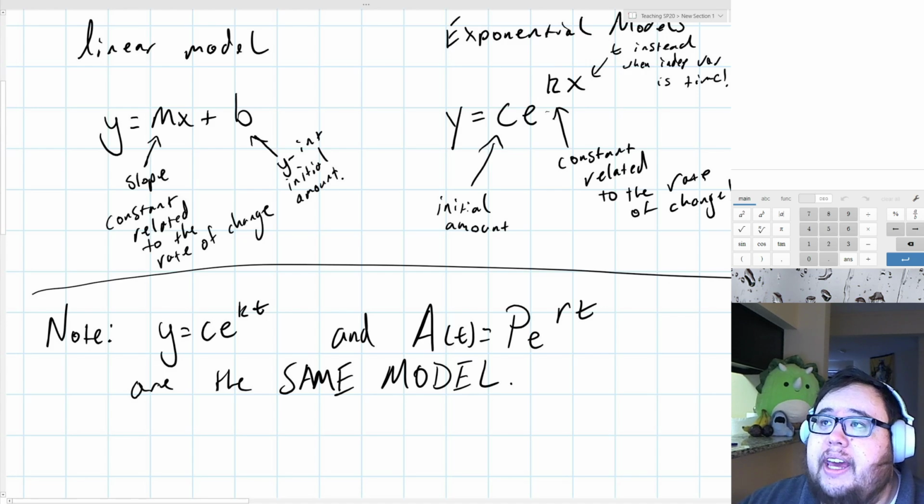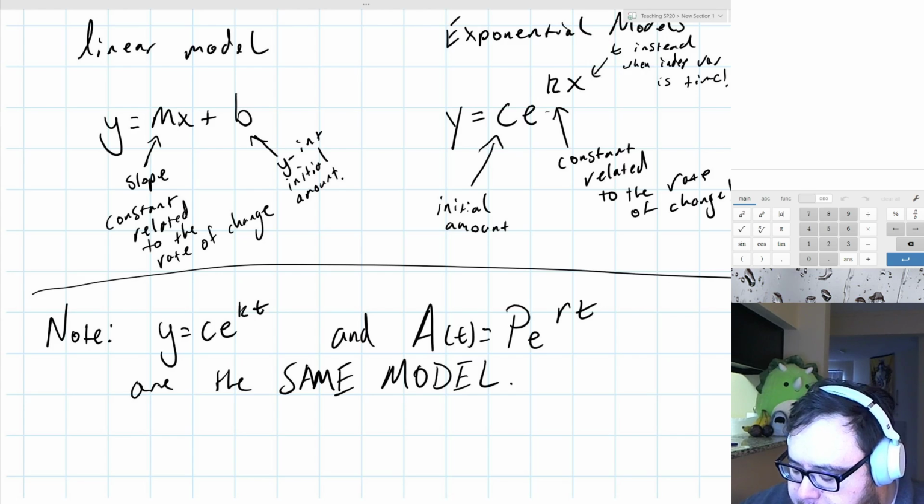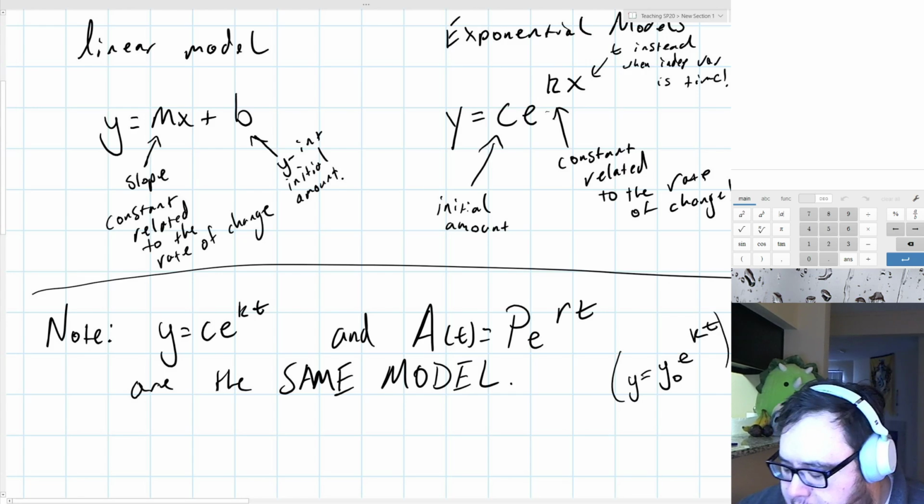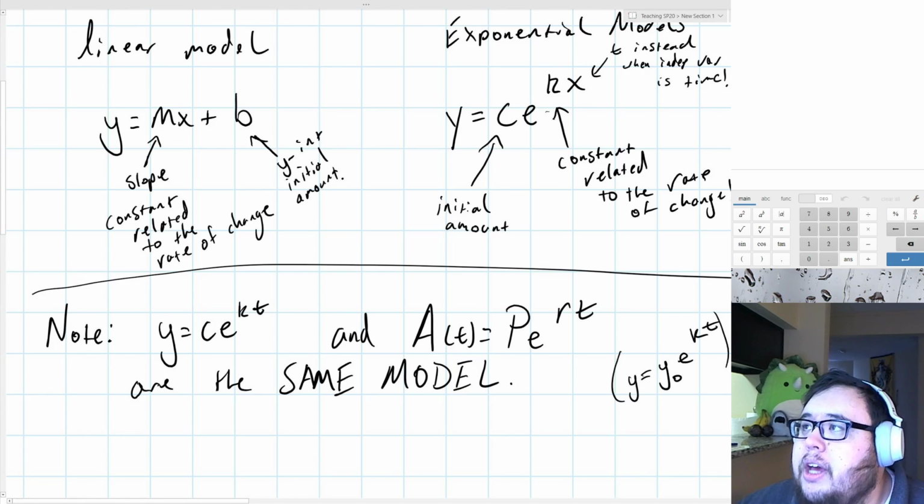Exponential growth and decay and continuously compounding interest are the exact same model. We just see them with different letters. In fact, going further than that, sometimes you even see y is equal to y naught e to the kt instead, just to confuse everyone even further. Whenever you have a variable with a zero below it, usually that means an initial quantity, so y naught stands for the initial y amount.